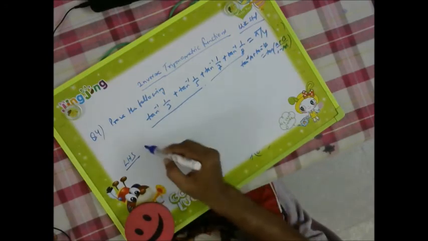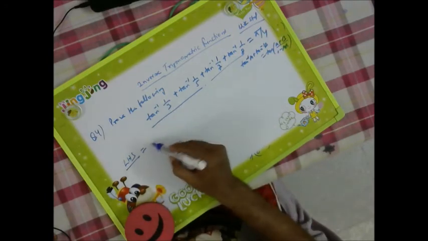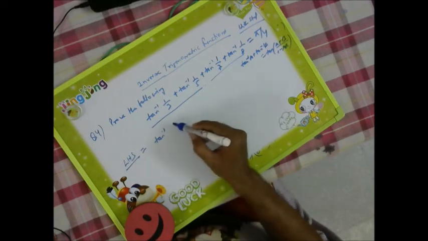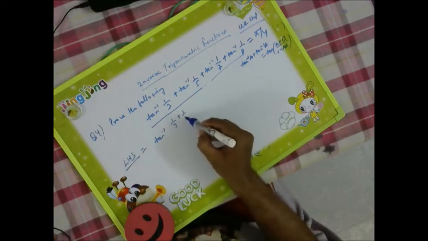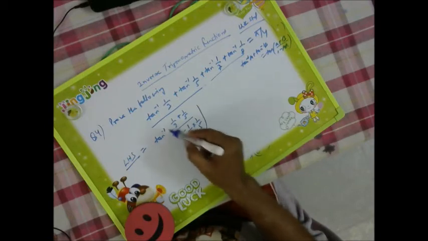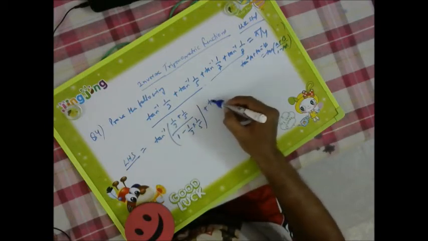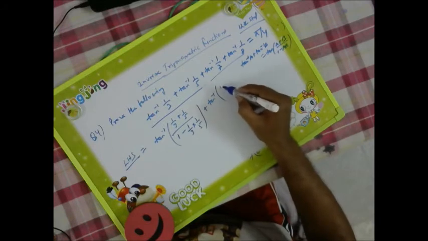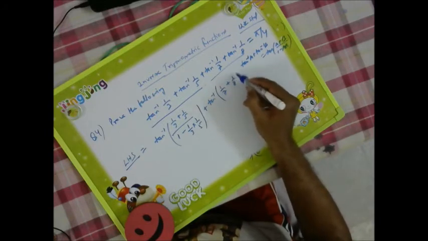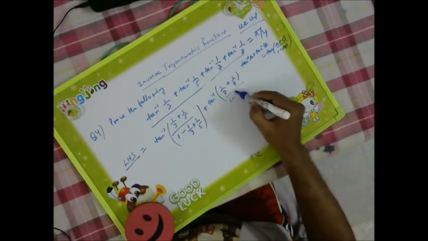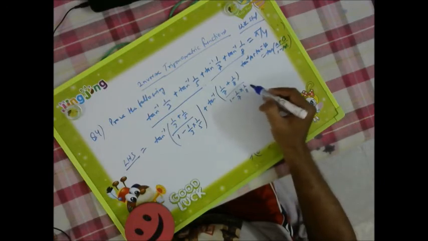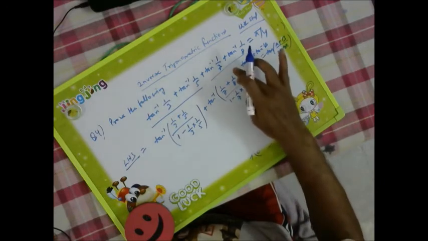By applying the formula, we have got tan inverse of (1 by 3 plus 1 by 5) divided by (1 minus 1 by 3 into 1 by 5). Here we have got (1 by 7 plus 1 by 8) divided by (1 minus 1 by 7 into 1 by 8). Complete it is.